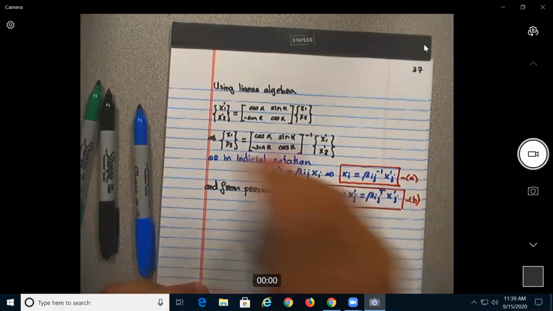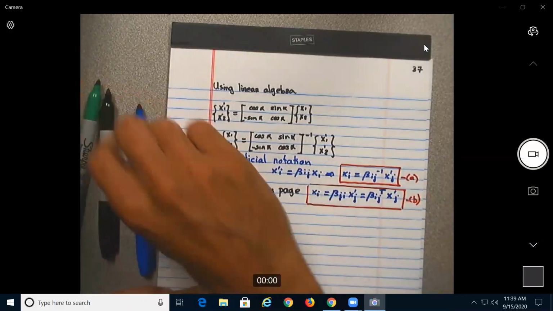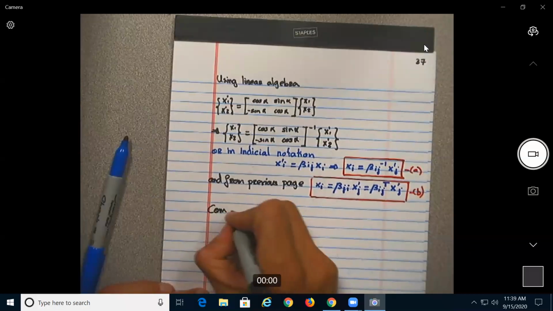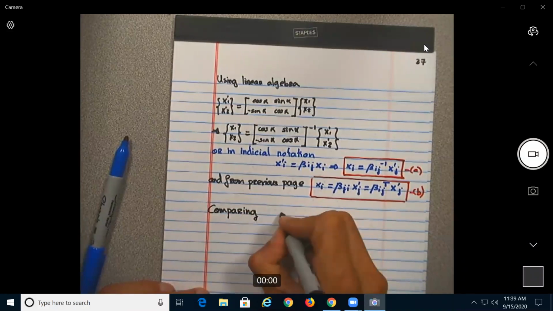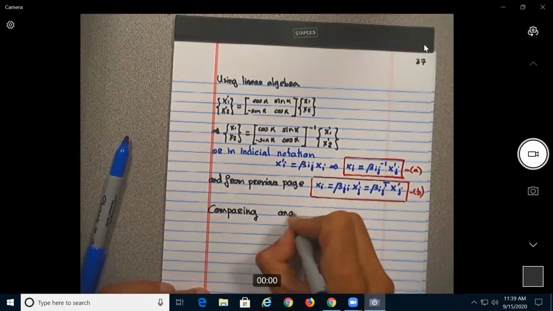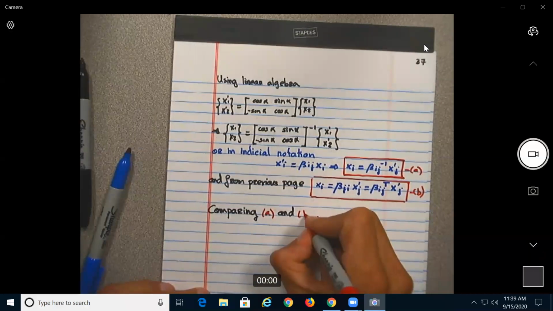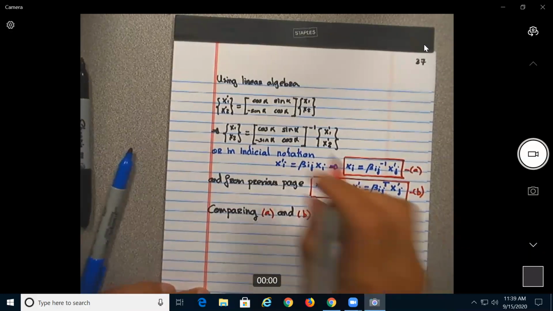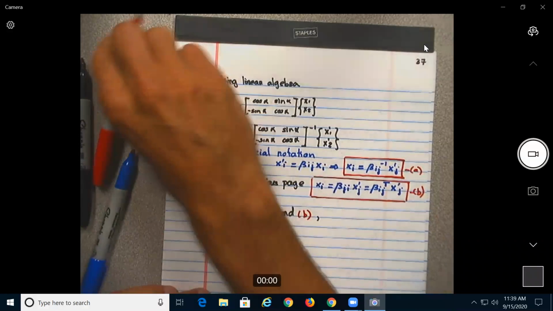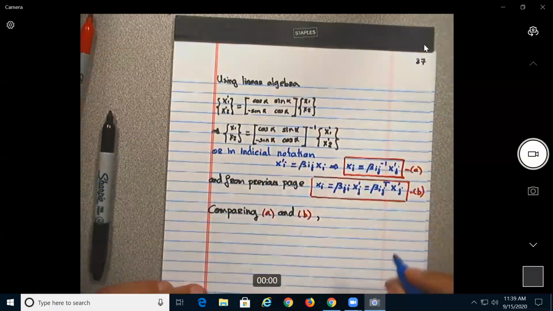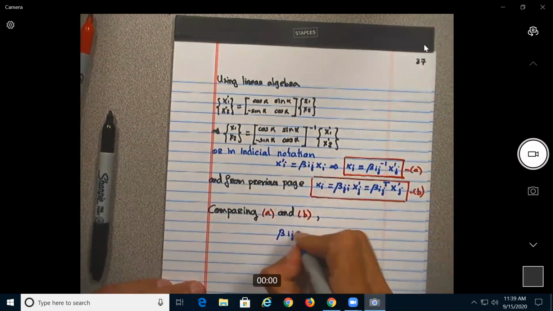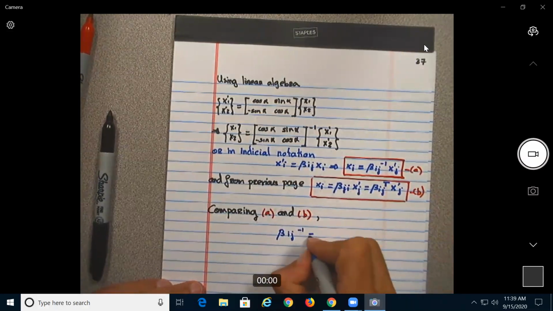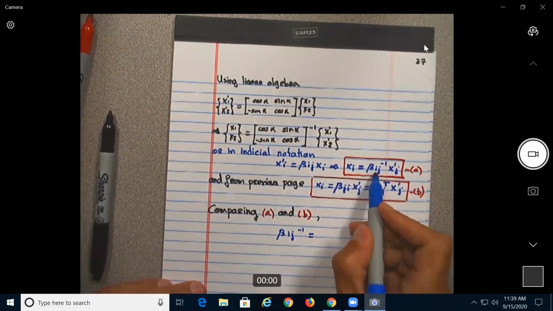So we can just write that, comparing these two equations, A and B, we get that beta ij minus 1 equals beta ij transpose.